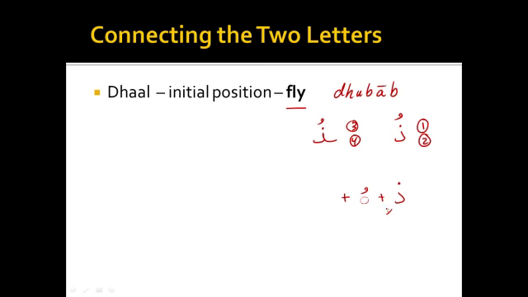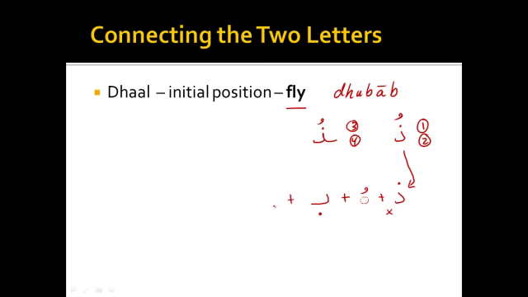And remember, the dhaal doesn't connect to what comes after it. So this has to be an initial ba, because the alif that comes next connects. So we have the ba here. And again, this is this here. Just to remember that. And now the alif, dhubab.